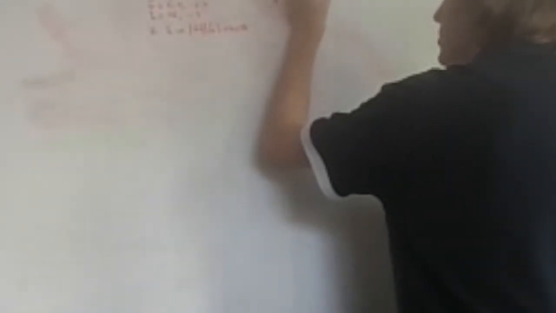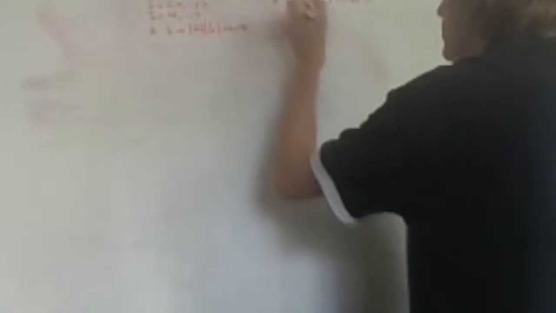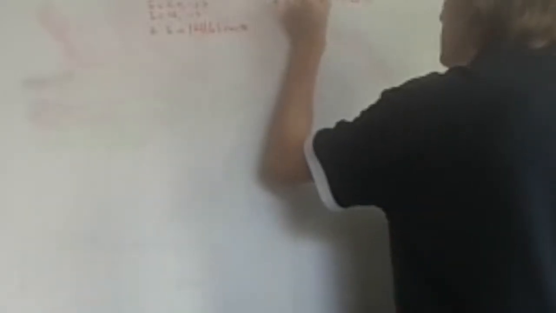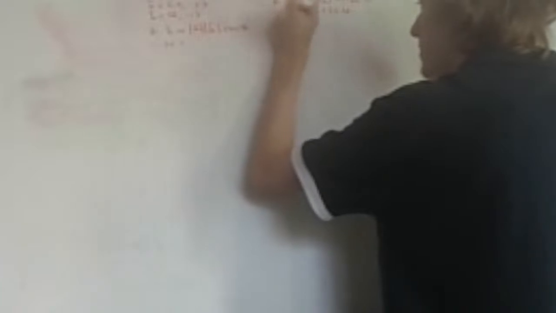The dot product is just 4 times 5 plus -3 times -1, which is 20 plus 3, which is 23. So a dot b is 23. The magnitude of a is going to be the square root of 4 squared plus -3 quantity squared, which is just going to be equal to 5.